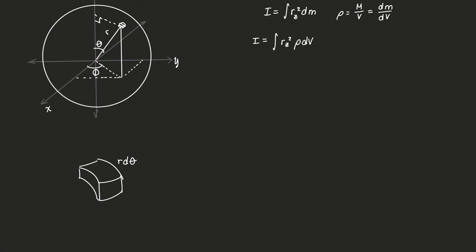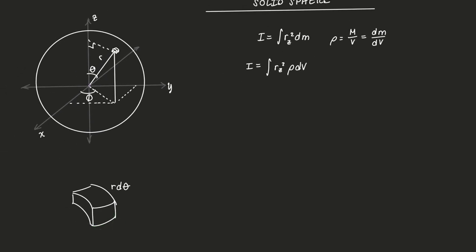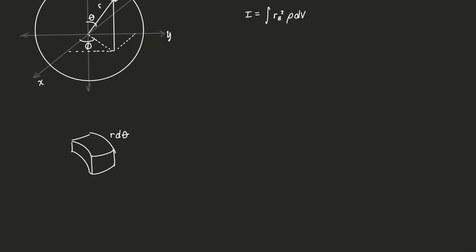And similarly for this little segment right here, that is an angle in phi. So it's subtending a tiny angle d phi. And this time its distance is this length right here away from the z-axis. So with some trigonometry, if you notice that this is a right triangle, we get that this length is r sine theta.